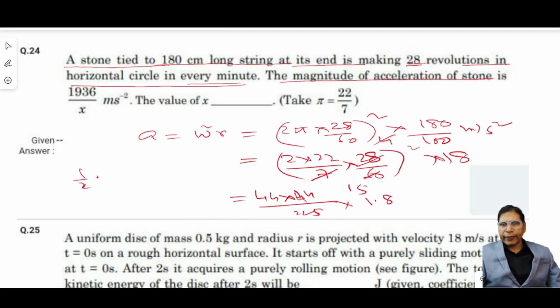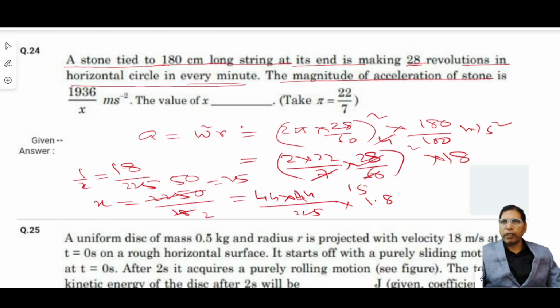This 1 by x is equal to 1.8 by 225. Therefore, x equals 250 divided by 18. Now 9 means this is 2 and this is 50. So 25 is the correct value of x.